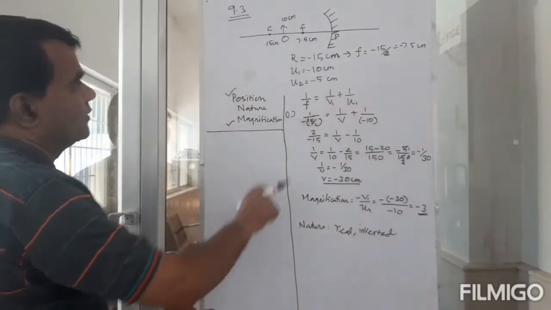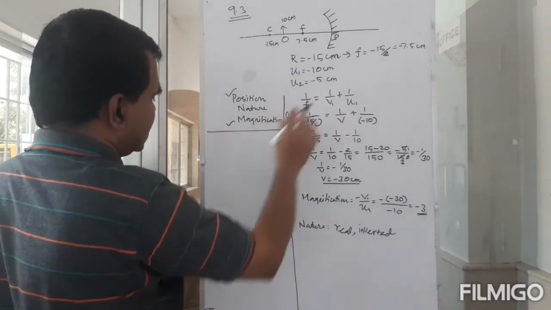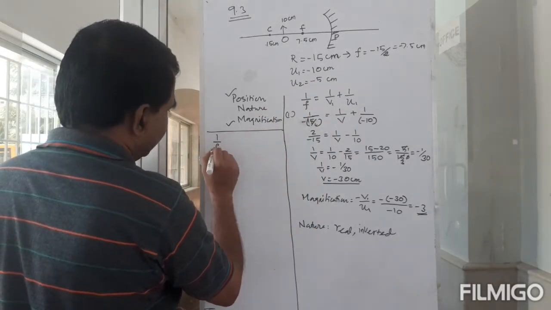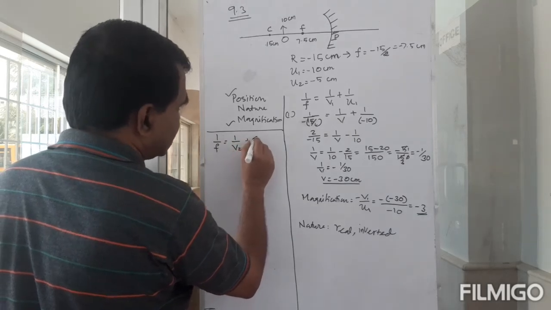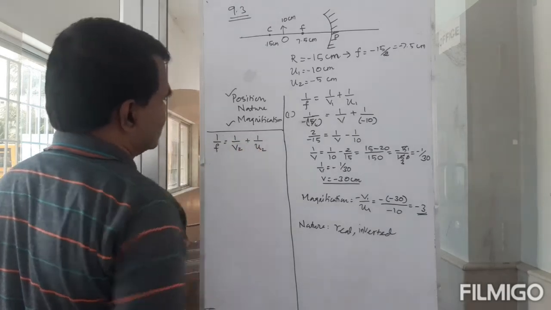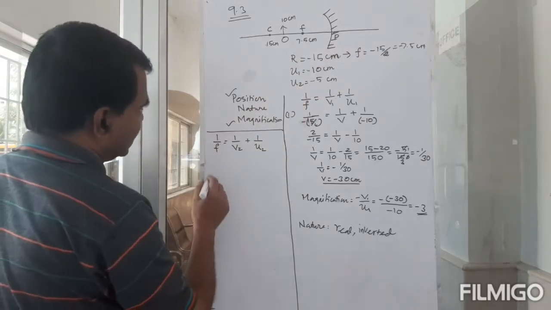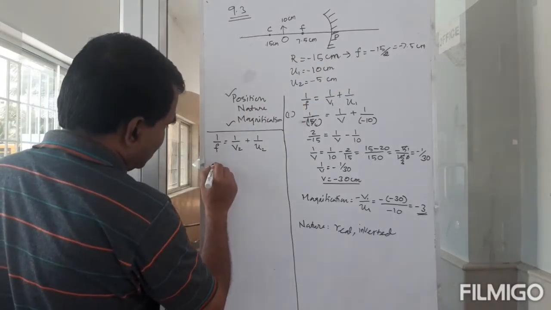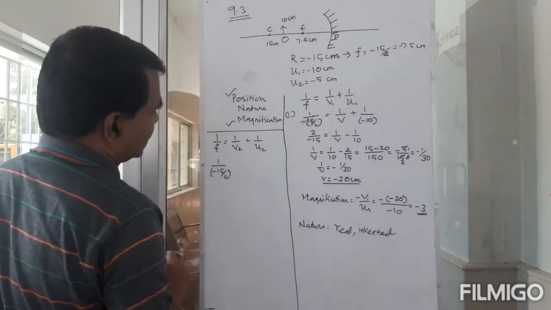So what about the second part? What will happen if I keep it at minus 5 centimeter? The same formula. So 1 by f is equal to 1 by v2 plus 1 by u2. What is f? Again, minus 15 by 2. So 1 by minus 15 by 2, there is no change to that.